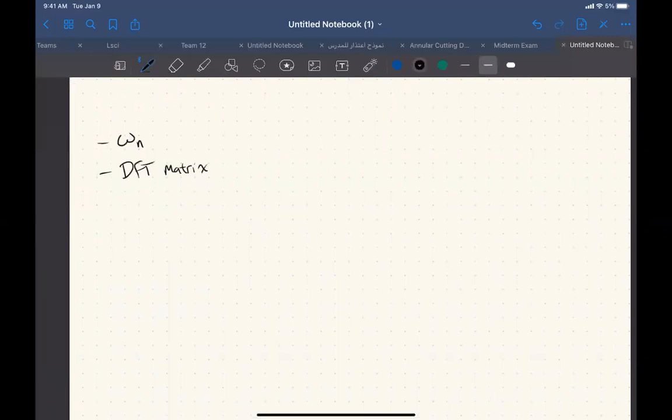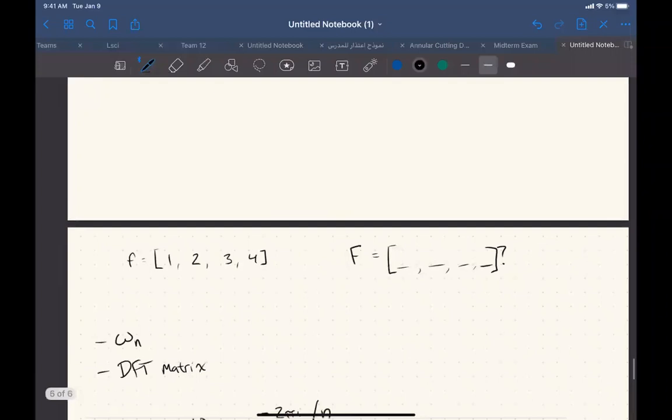Omega n, of course, depends on n. We've defined the equation already. Omega n is equal to e to the negative 2 pi i over n. Well, n in this case, the number of elements is 4. There are 1, 2, 3, 4 components.